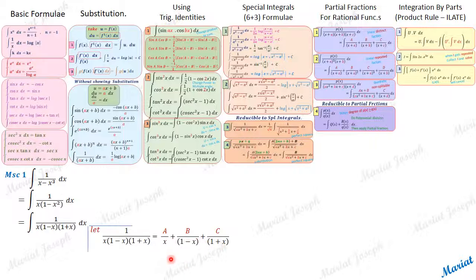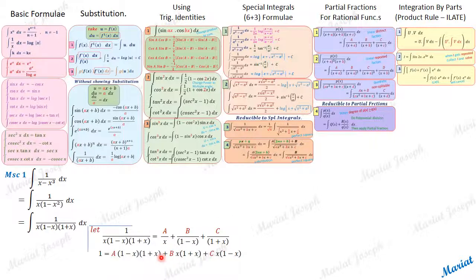For that, I'll first simplify the RHS. Taking LCM, x into 1 minus x into 1 plus x will be the denominator LCM, which will be the same here, which will cancel from both sides. So during the LCM process, the numerator then will be a into these two factors plus b into first factor and third factor plus c into these two factors.